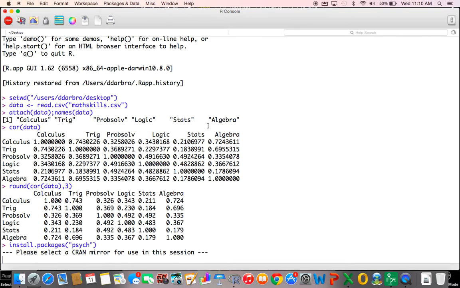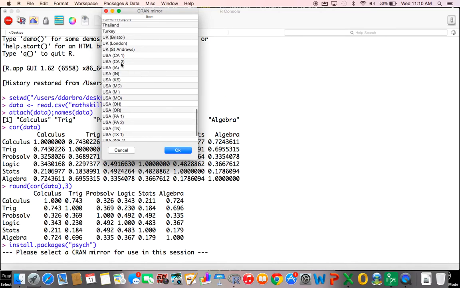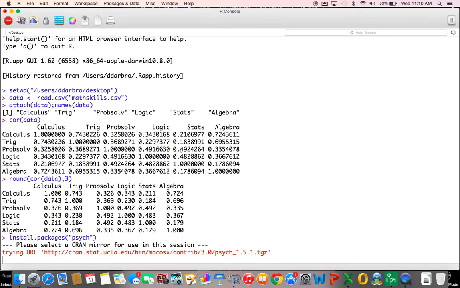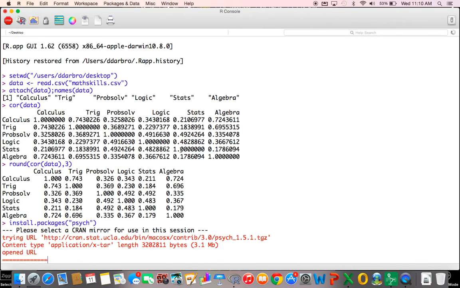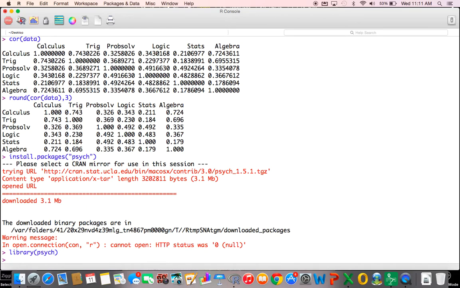I was doing some stuff this morning and I probably should have restarted my computer. Anyway, you finally get that. Choose our buddies from UCLA. Actually, I'd call them my buddies, though I've never met those guys. Wow, this is taking forever. All right. So library(psych), and we're set to go.